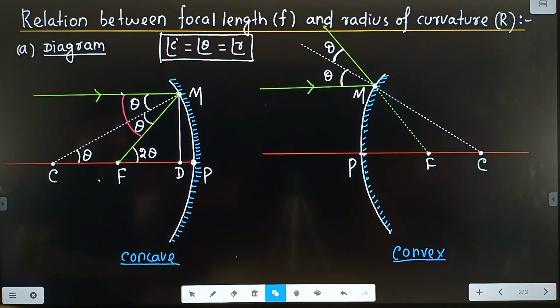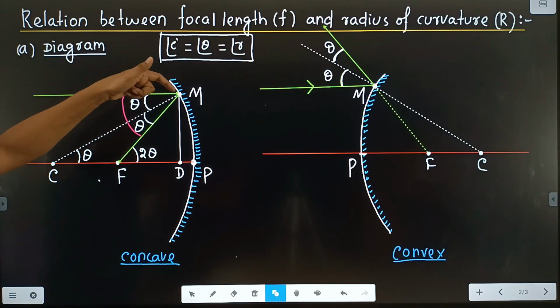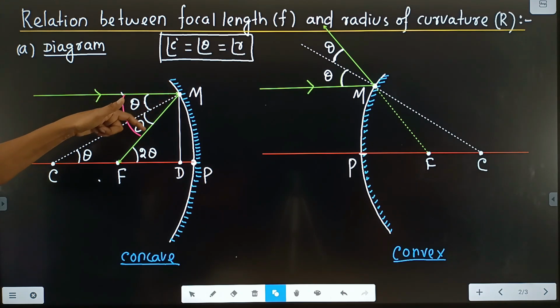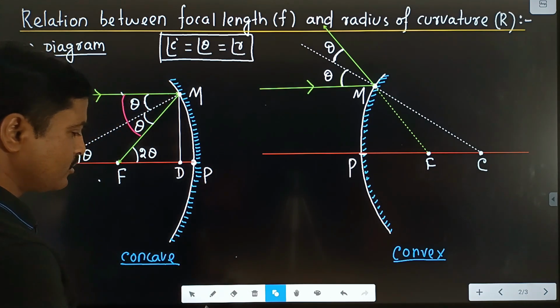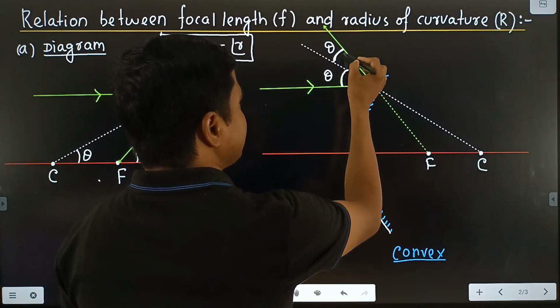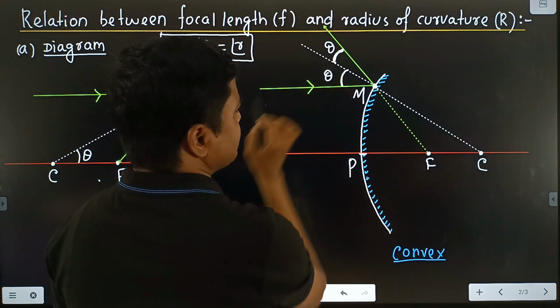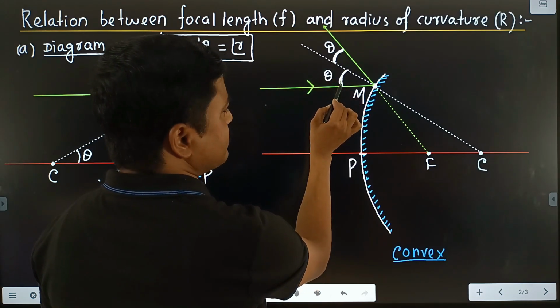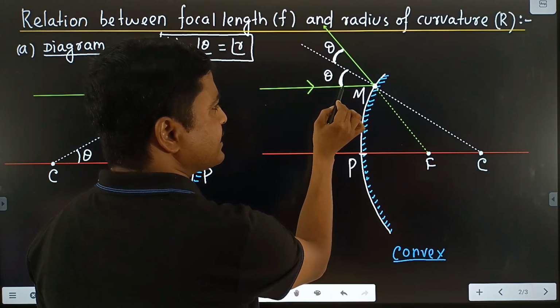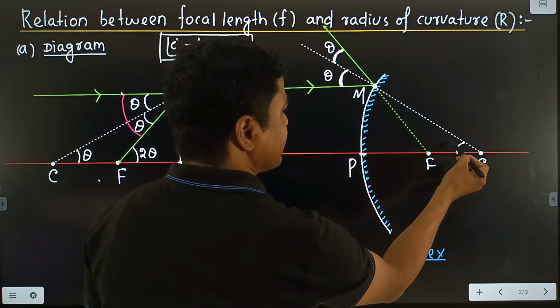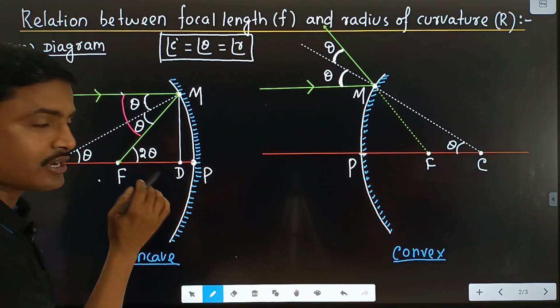But in case of concave, if the incident ray is parallel to the principal axis, after reflection the reflected ray actually meets at the focus. This is the difference. And here also, if this angle is theta, this angle is theta, and this angle is also theta, same thing, just like your concave.